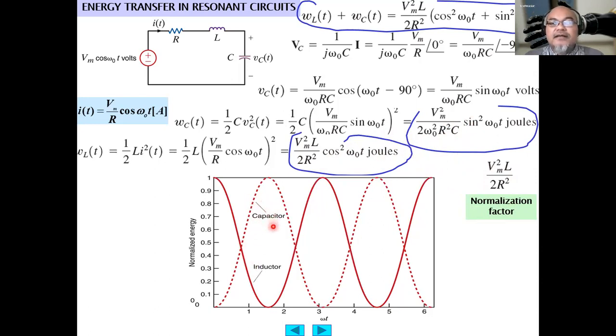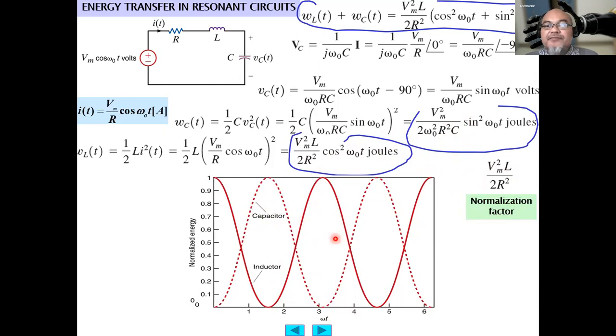So we see here, as we learned from the previous slide, that when the energy stored in the capacitor is maximum, the energy stored at the inductor will be 0. And vice versa, when the energy stored at the inductor is maximum, the energy stored at the capacitor is 0.